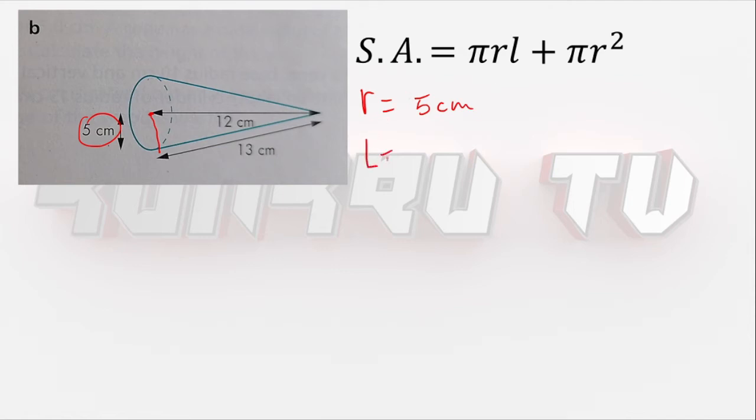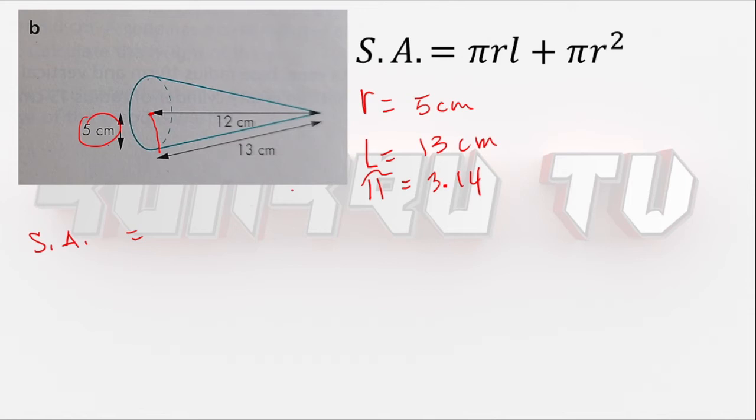So ang length, 13 centimeter. And then again, kapag may instruction, depende naman sa teacher yun. Pero kalimitan, especially sa Pinas, 3.14 ang ginagamit. Okay? So, depende sa instruction. Just follow the instruction ng teacher ninyo.